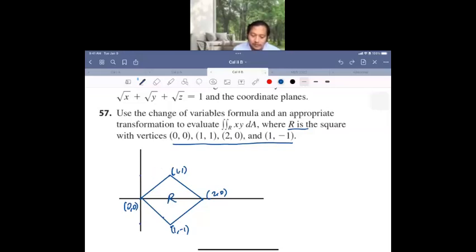Or let's say in the sense that we have y minus x equals 0, and y minus x is equal to -2.